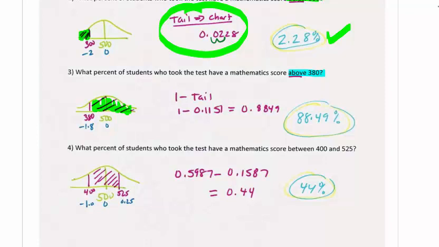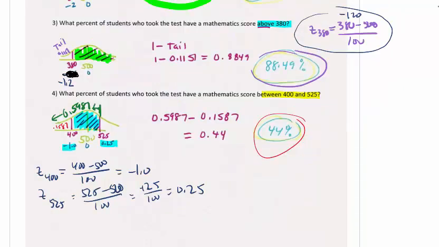When we standardize, we take the 380 minus 500 and divide by 100, we get negative 120 divided by 100, which gives me the negative 1.2. I did have an error on that sheet, so make sure that you have that piece that I have there.